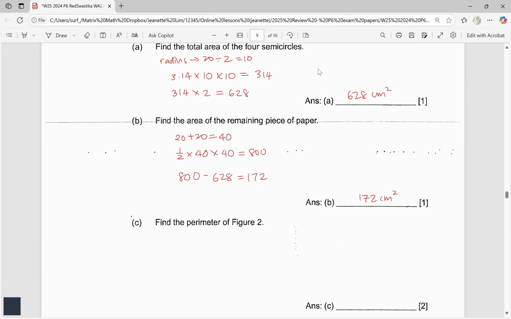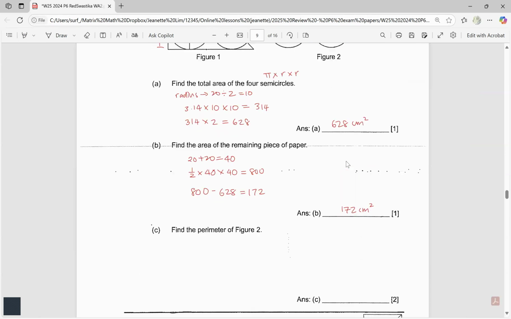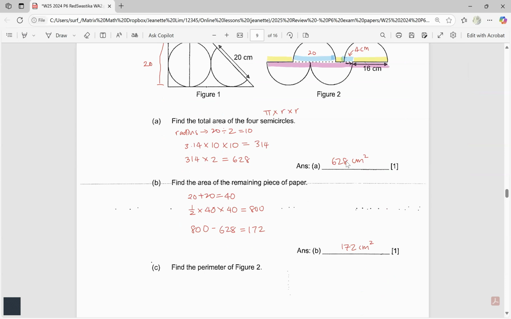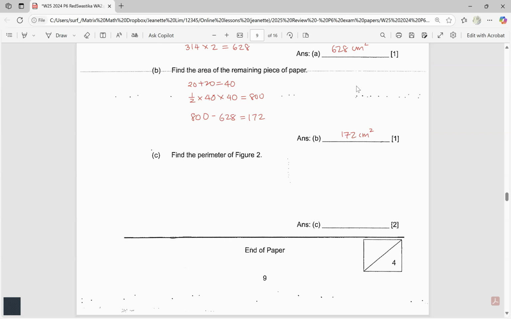Let's do the arcs first, since that is easier. To find the length of the arc, we need pi times diameter. You have four semicircles, so that makes two full circles. Let's find one first. One semicircle arc is half times pi, which is 3.14, times diameter, which is 20.